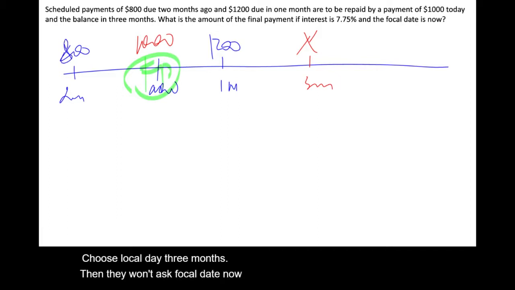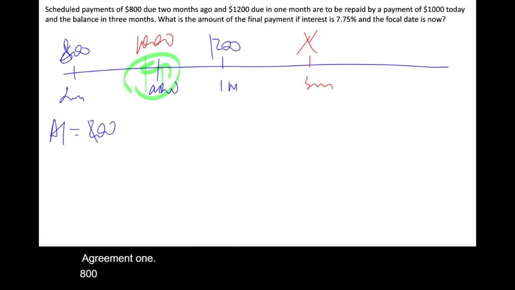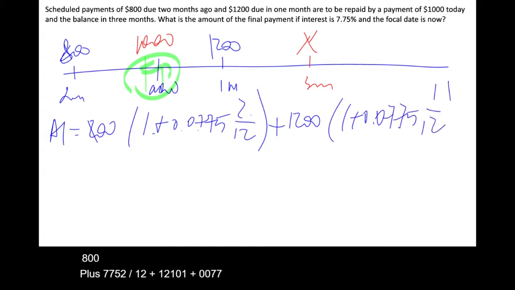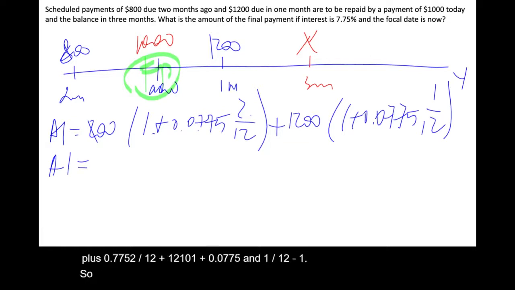So agreement 1: 800 times (1 plus 0.0775, 2 over 12) plus 1200 times (1 plus 0.0775, 1 over 12) minus 1. So agreement 1, let's calculate.